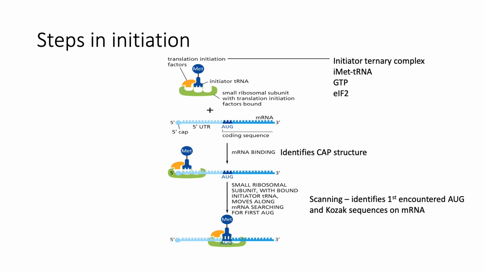Now what happens next is that the messenger RNA is moved down through the small subunit. So what do they say here? Small ribosomal subunit with bound initiator transfer RNA moves along the messenger RNA searching for the first AUG. We call that scanning. So it's scanning down the messenger RNA to look for the first AUG.